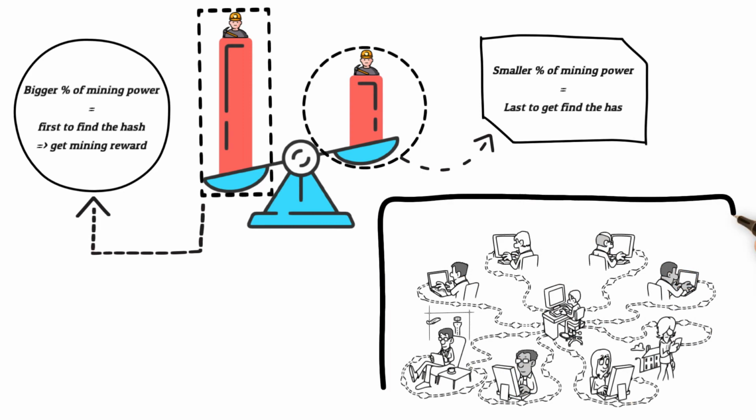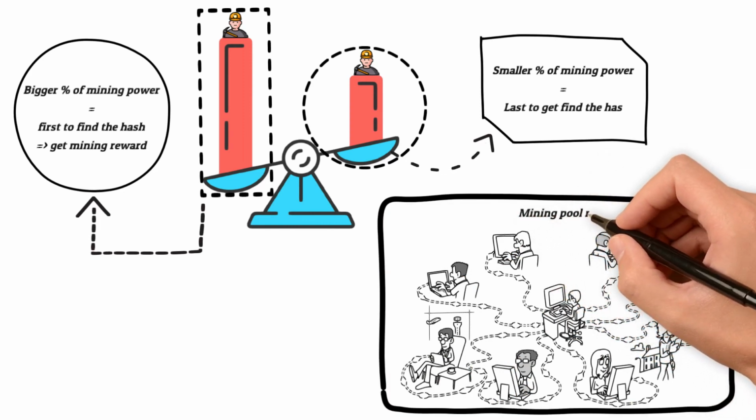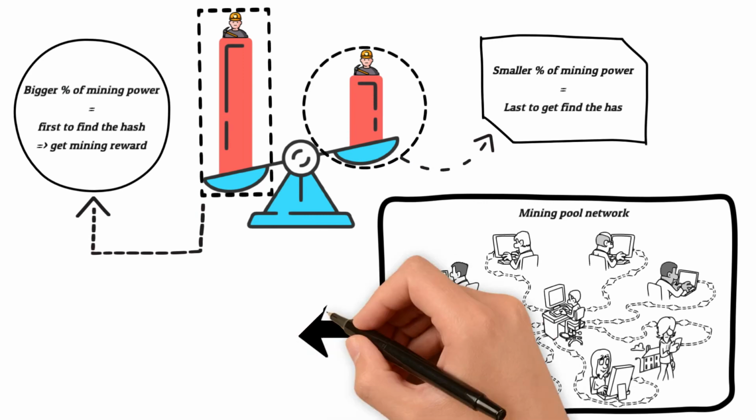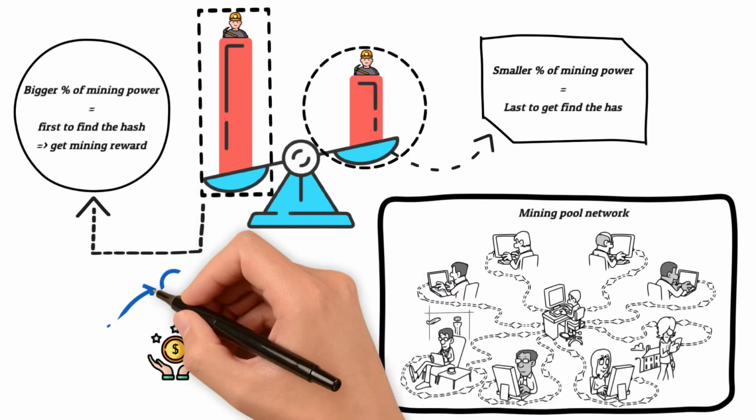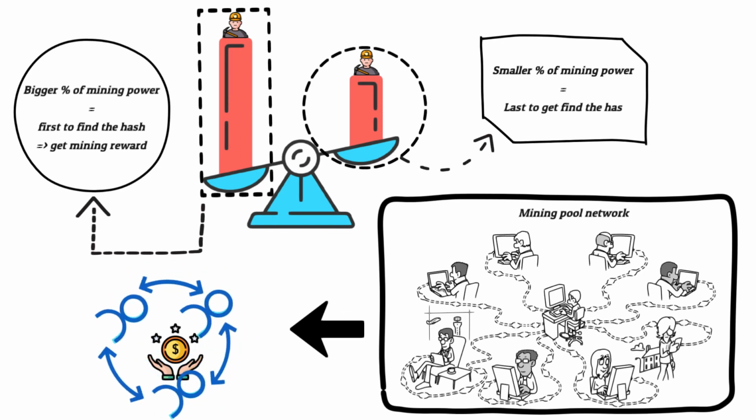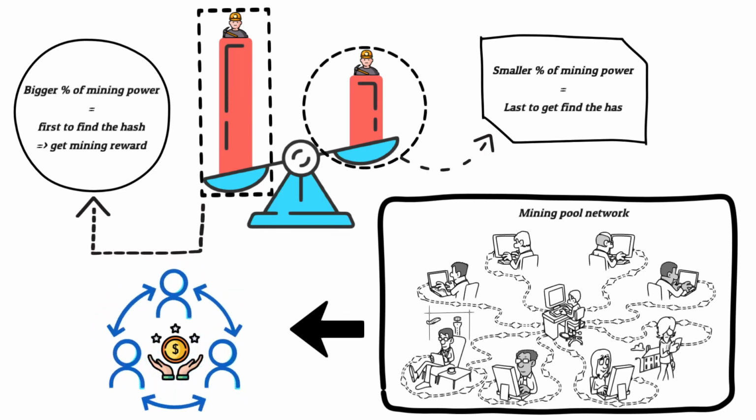So mining pools are created to solve this problem. It means pooling of resources by miners who share their processing power over a network, and to split the reward equally among everyone in the pool based on the amount of work they contributed to the probability of finding a block.